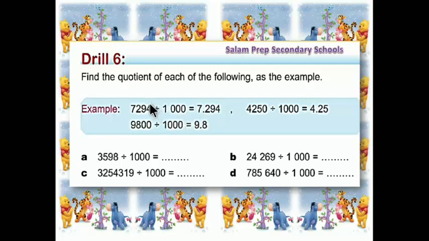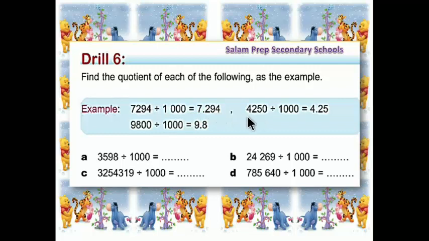Please put decimal point beside 4. 1,000 has 3 zeros, so we can move to the left 3 steps. 1, 2, 3. So we will put decimal point here. The answer, the quotient will be 7.294.